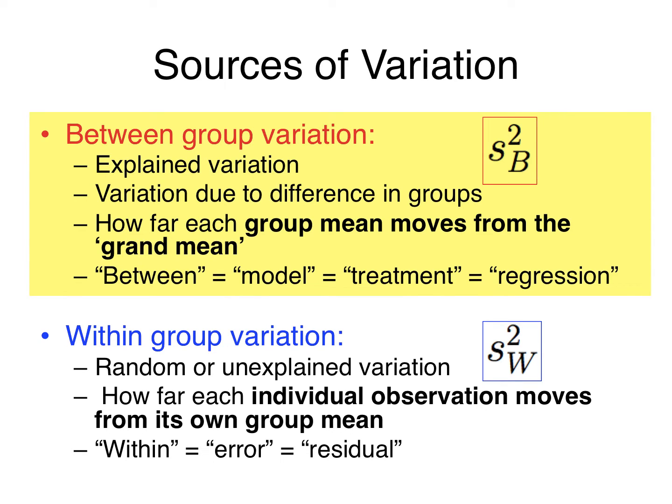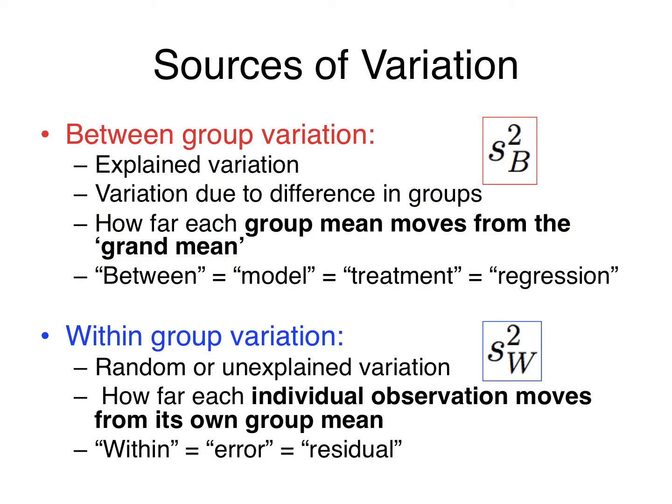This tells us how far each group mean moves from the grand mean. The grand mean is an average of all of the individual observations in all of the groups. A range of different terms are used to describe the between group variation. It's sometimes referred to as the mean squares between, or the mean squares for the model, treatment, or regression.